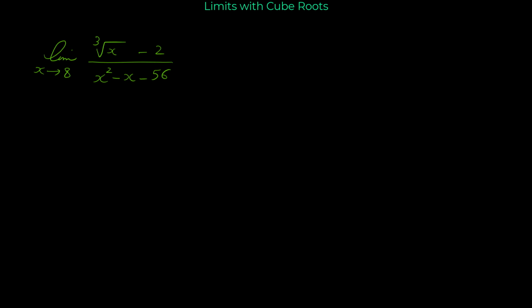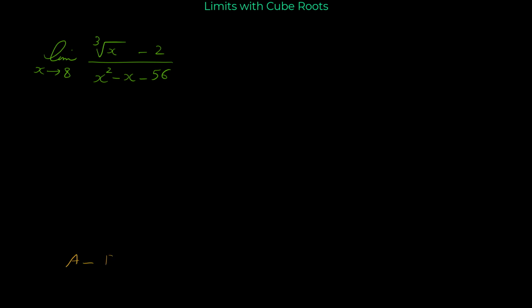The first method is using this identity. For finding this limit, if you know the difference of cubes identity, you can find this limit. Let me remind you the difference of cubes identity.